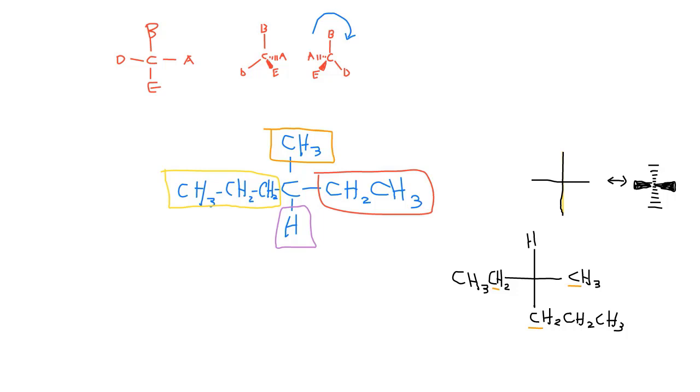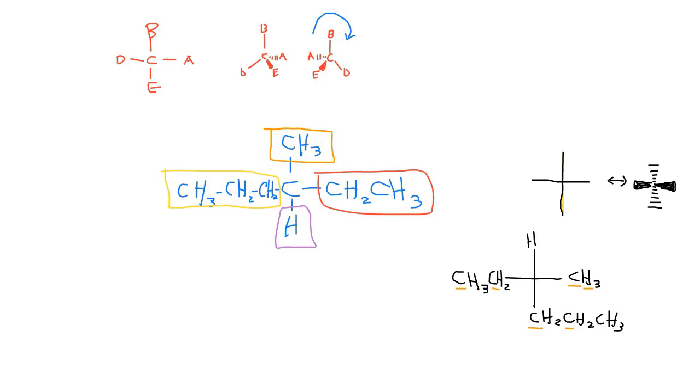Well, there's two hydrogens and a carbon on the bottom, but the carbon is the highest weight one, so that has priority. For the carbon on the left, there's two hydrogens bonded to that carbon, but there's also a carbon, so that has priority. And on the one on the right, there's three hydrogens that it's bonded to.